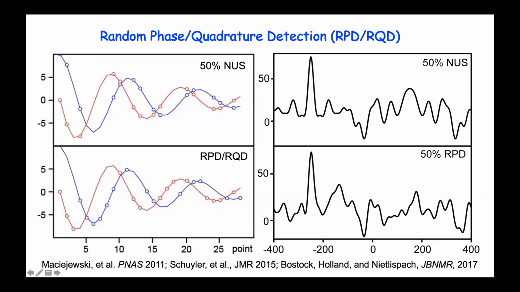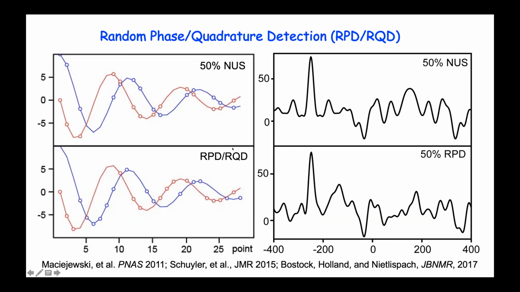Now I'd like to talk about, actually a big chunk of my talk will be focused on something called random phase or random quadrature detection. It was initially proposed by Mark and Jeff, and Mark and Jeff first called this kind of data random phase detection, I think, right, or partial components. And later, Nail's group, 2 or 3 years ago, proposed to do this random quadrature.